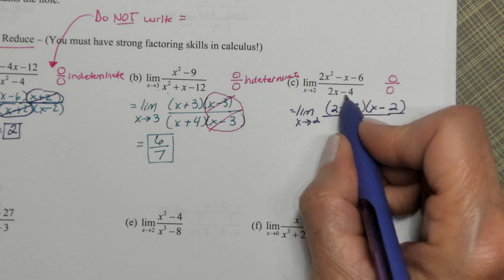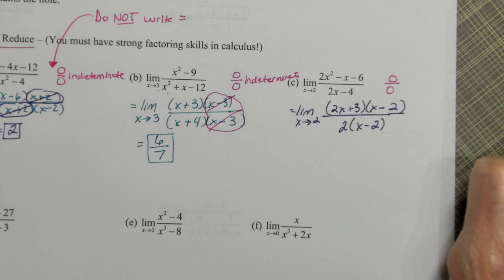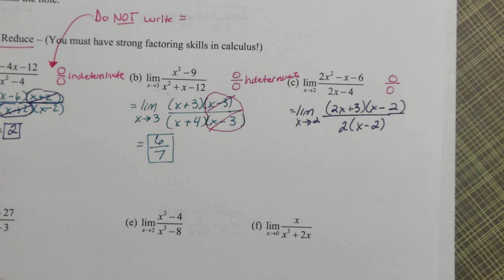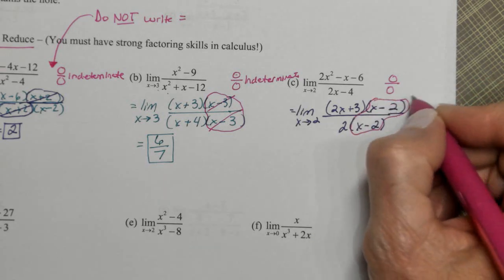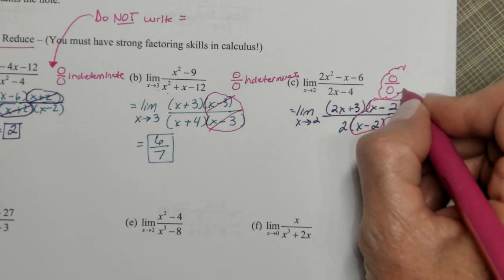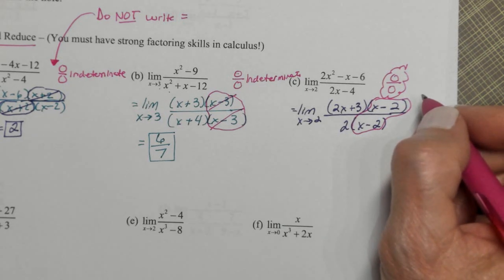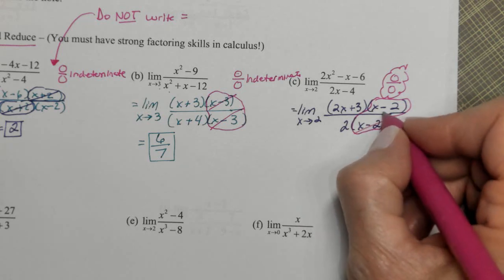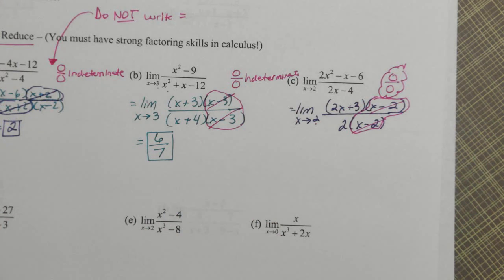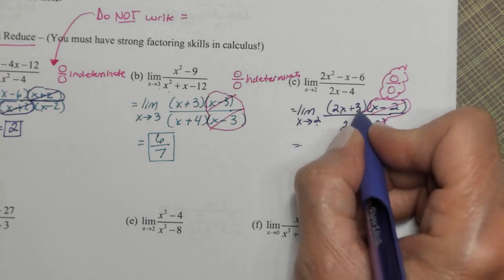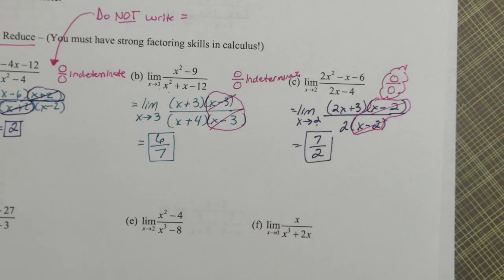In the denominator, there's a 2 in common, so we're going to take out a 2, like that. And sure enough, not surprisingly, I see my hole. I knew it was going to be there because I got 0 over 0, I just had to find it. So cancel those out, put 2 in for the remaining x's, and we get 4 plus 3 divided by 2. And that's my limit.